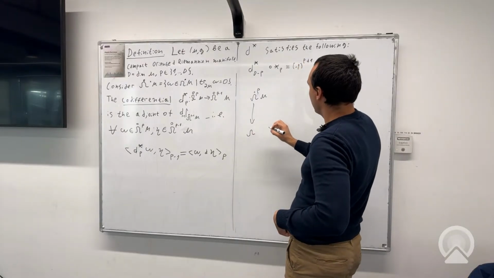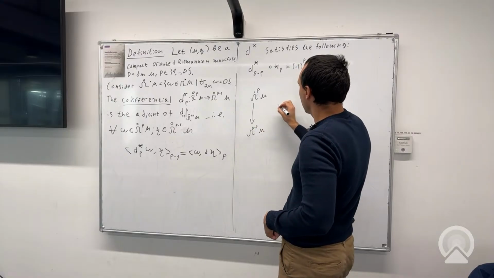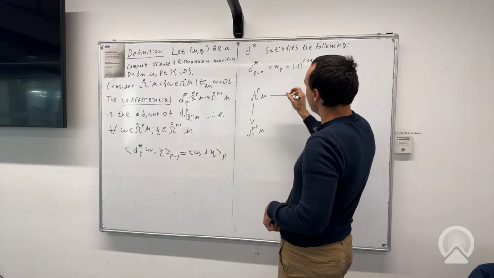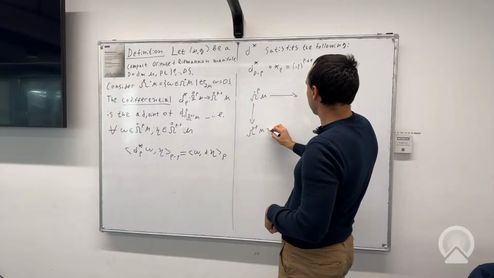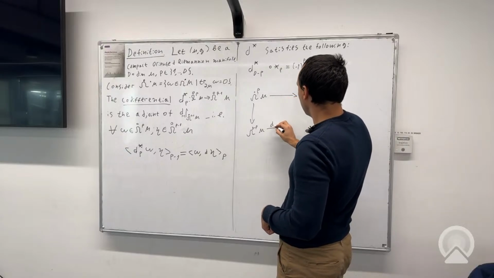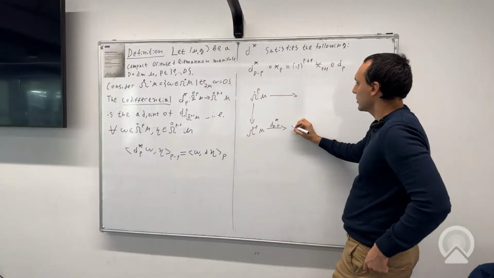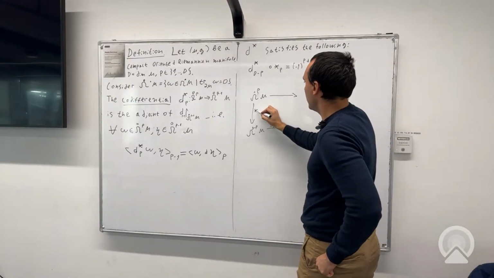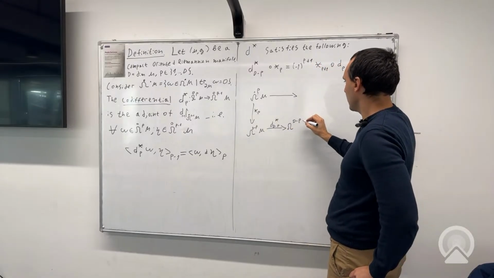Omega d minus p, and here we have d minus star, and this is star p. This is omega d minus p minus 1.